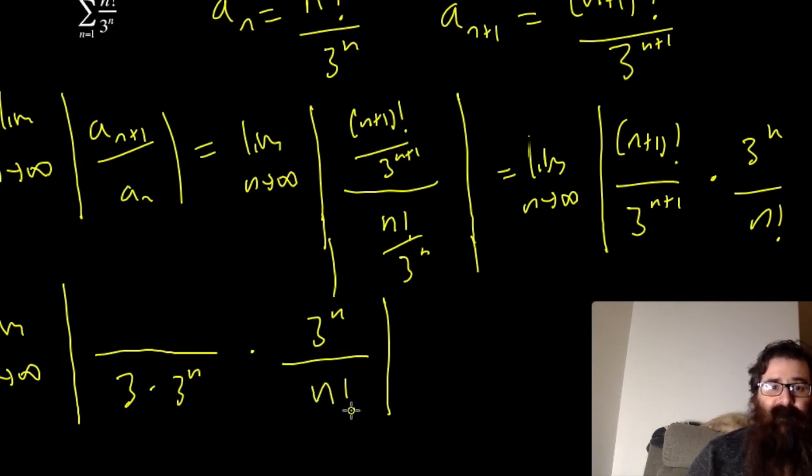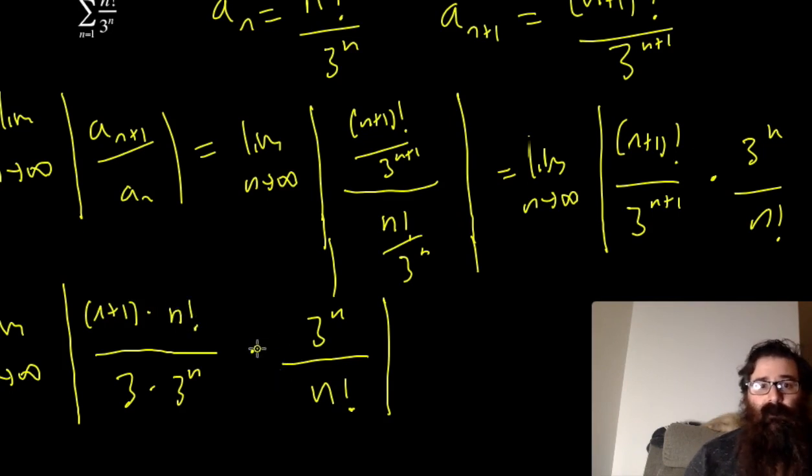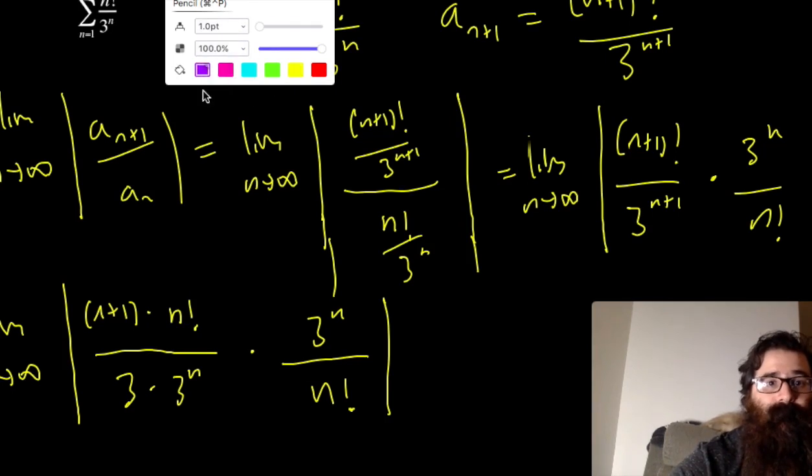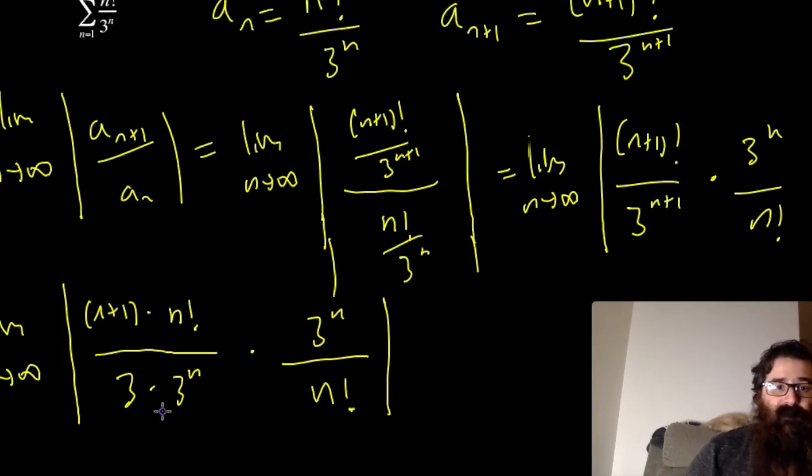I'm also going to leave n factorial alone, but thinking about factorials, I can write n plus 1 factorial as n plus 1 times the remaining n factorial. So inside of any larger factorial is a smaller factorial, and I can use this to my advantage, because now 3 to the n on top and bottom cancels, and n factorial on top and bottom cancels.